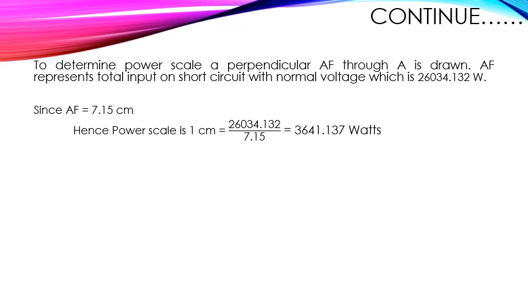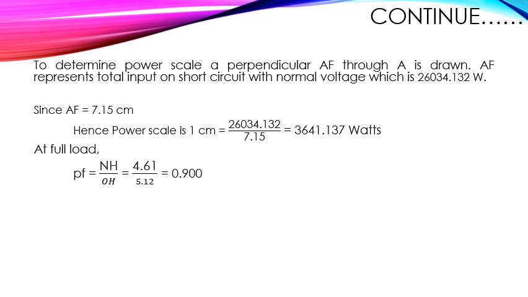So the power scale is what then? 26034.132 divided by 7.15, and that is 3641.137 watts per centimeter.